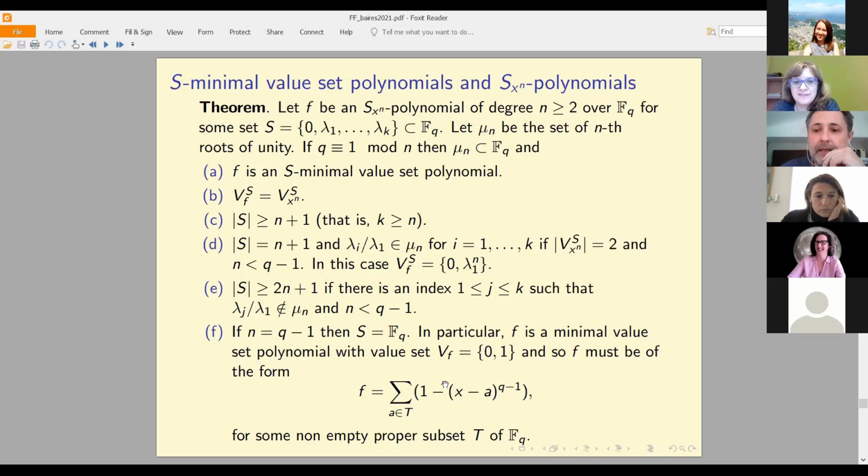So you have this connection between a property giving you an asymptotically good tower and minimal value set polynomials. And we can use this to study how good these towers of Garcia, Stichtenoth, and Thomas are for giving a good code.